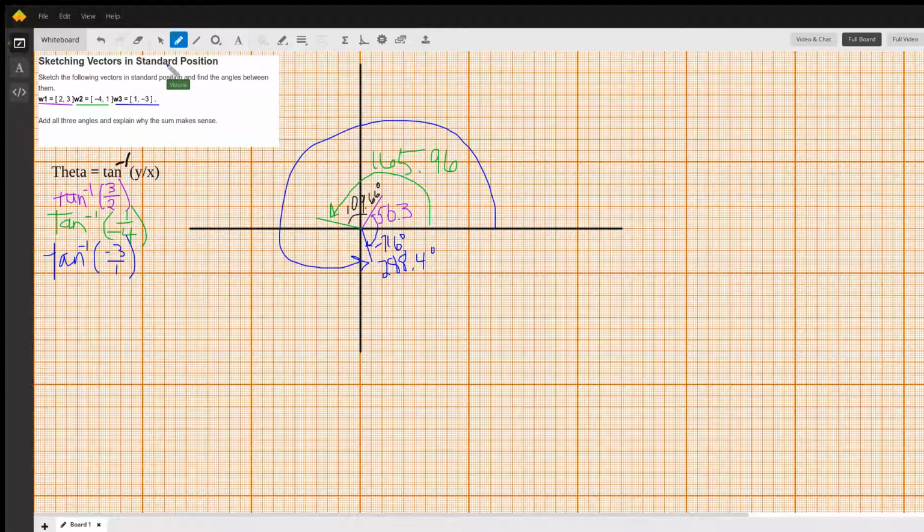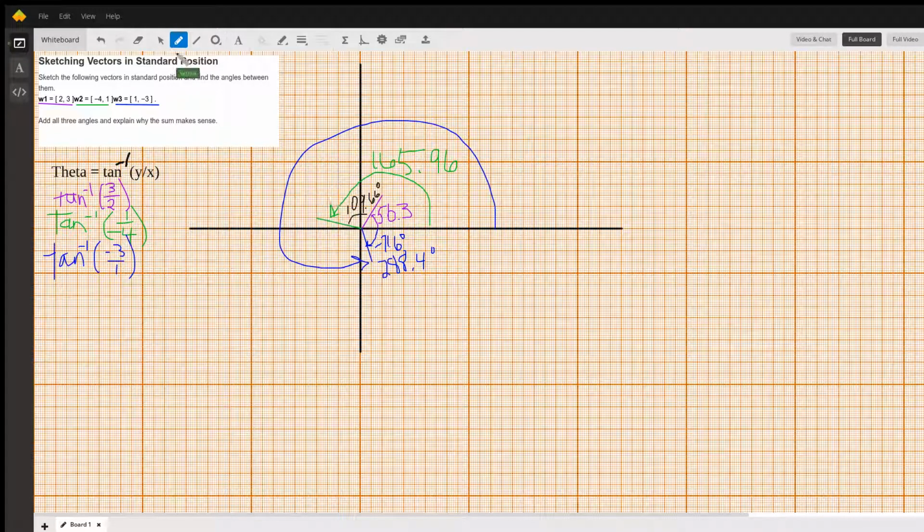Now we can find the angle in between these. From the blue one to the green one, it is 288.4 minus 165.96.